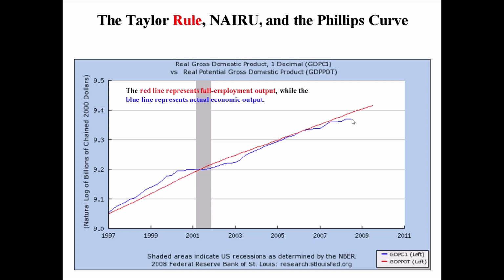And then in September 2008, it was going south. So you can say with this data that we were probably in a recessionary gap for much of the early 2000s to late 2000s. Before the recession of 2001, it looks like we were in an inflationary gap.